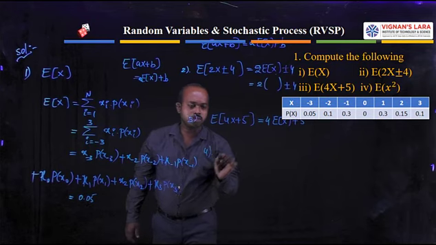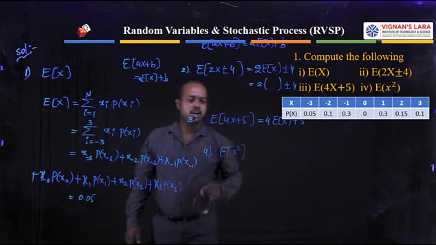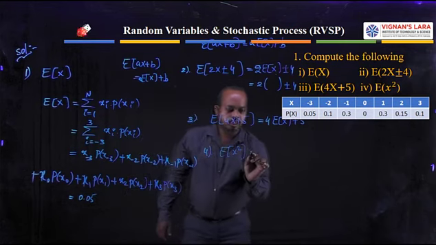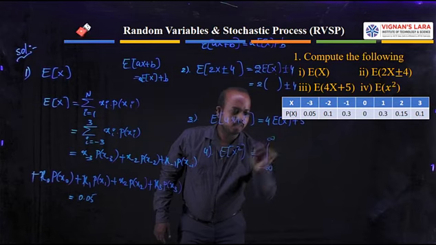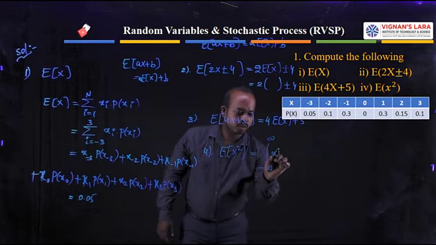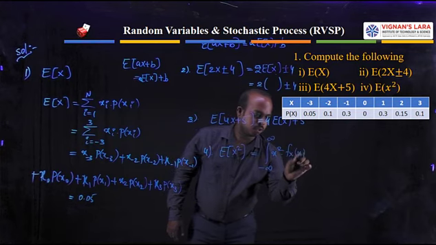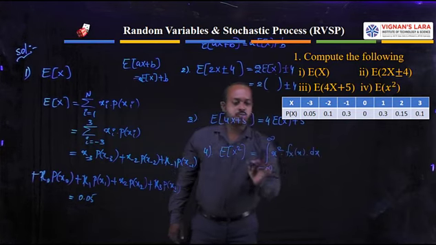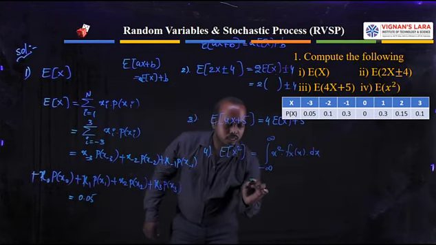The last one is expectation of x square. For this one, the formula is the integral from minus infinity to plus infinity of x square into f of x into dx. This is for continuous, but the given data is discrete.